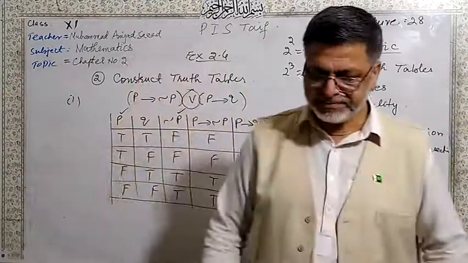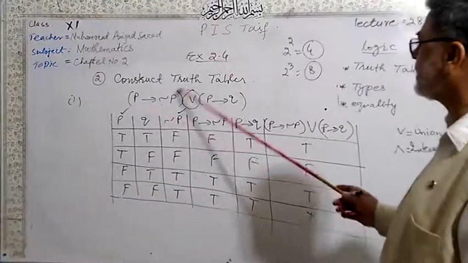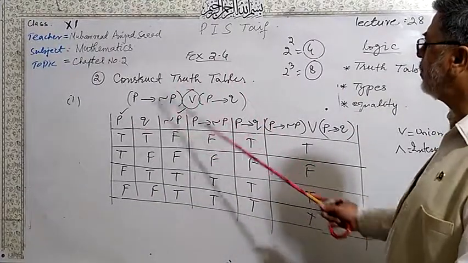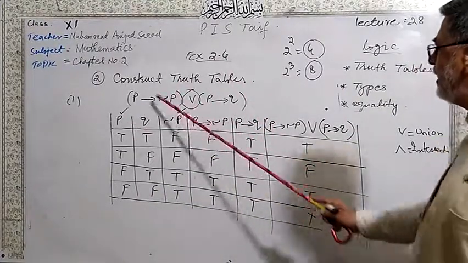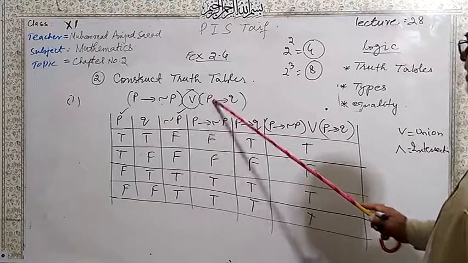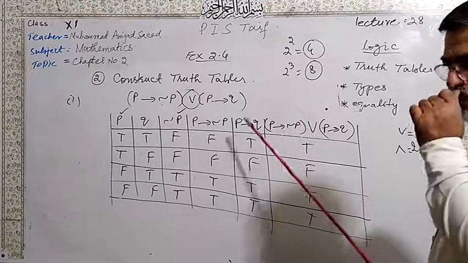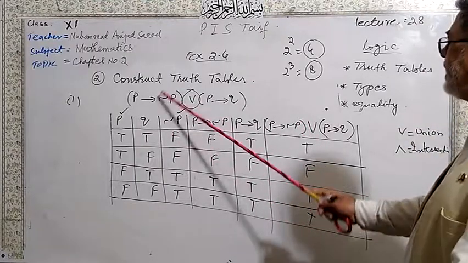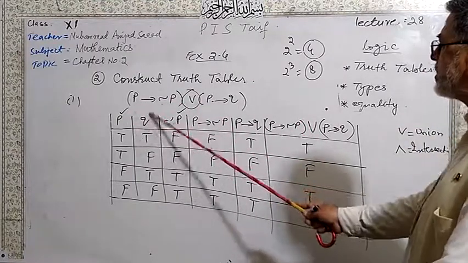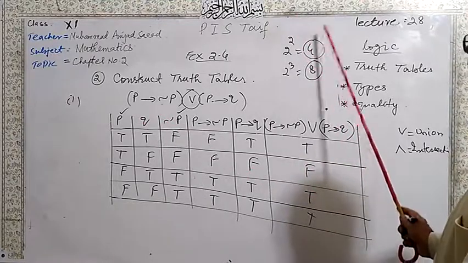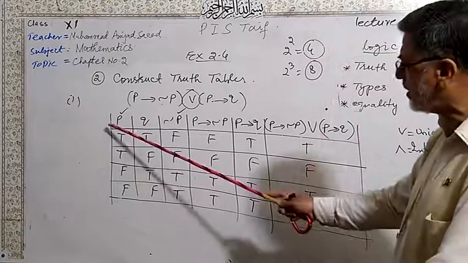In this way, I hope that you understand P, Q, not P, P to not P, P to Q, and then take a union at the end. There are two possibilities, 2 power 2 is 4, so total possibilities are 4.